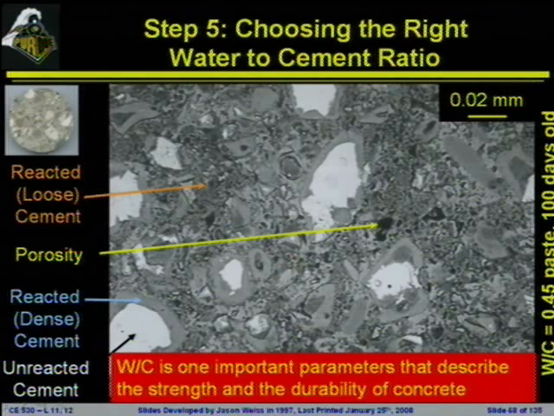So again, if we go back to some of the pictures that we were looking at early in the semester, we will recognize that this is an image taken with a scanning electron microscope. You'll remember as we look inside of the scanning electron microscope, we have different features that we can start to point out. We've got these large white features, which were the unhydrated cement.